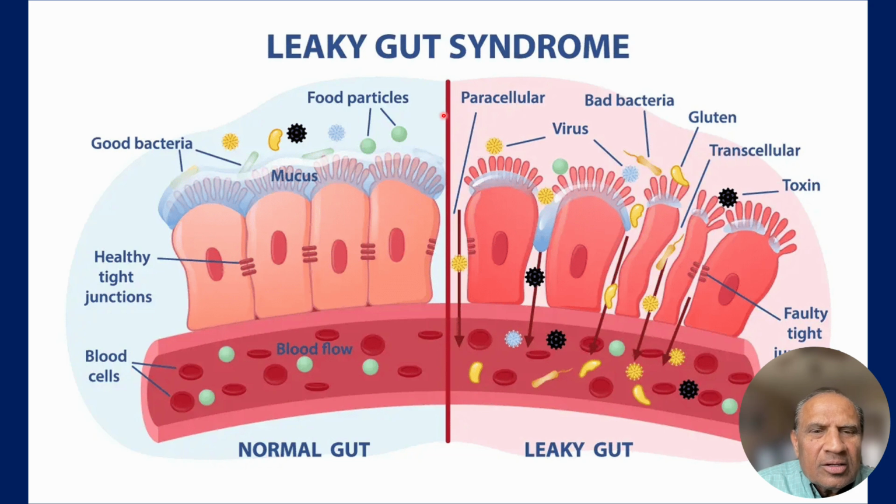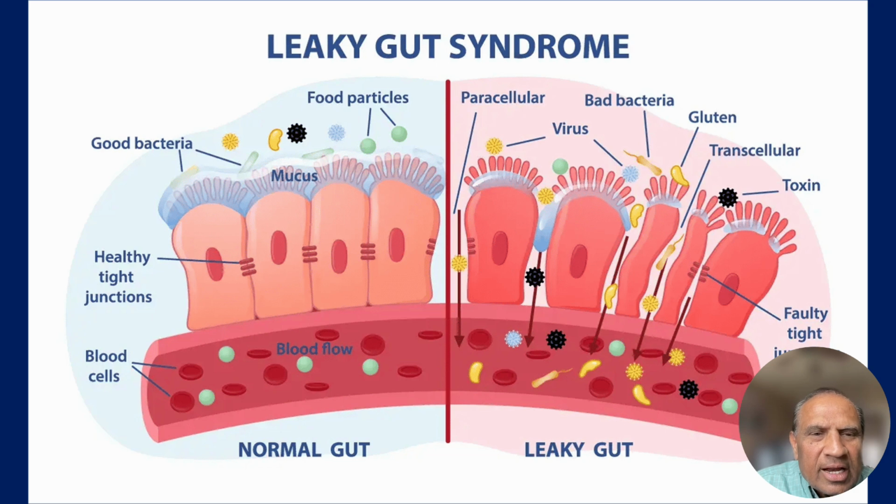So leaky gut is the one on this right-hand side. The left-hand side is a normal gut or normal intestinal barrier function. You can see there are good bacteria, a good mucus layer, a very good intestinal lining layer with very tight junctions, preventing anything going in between the cells, and then the blood cells also having normal immunologic function.